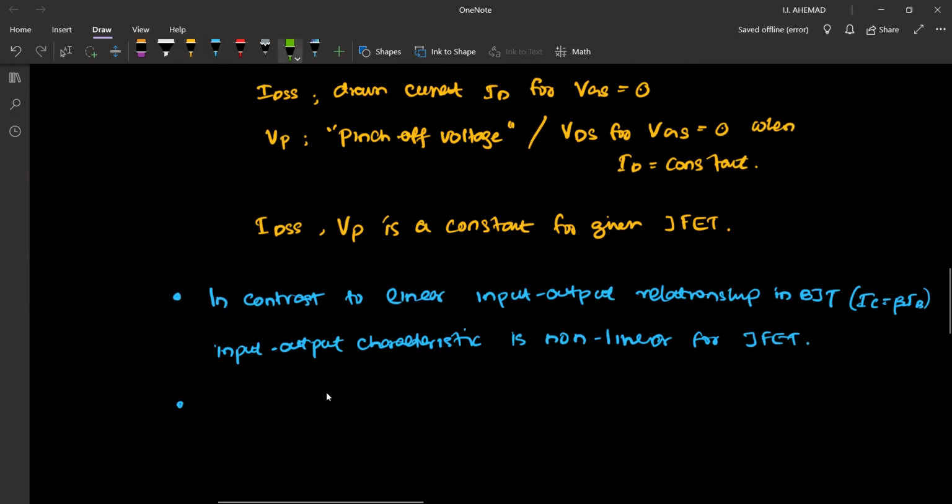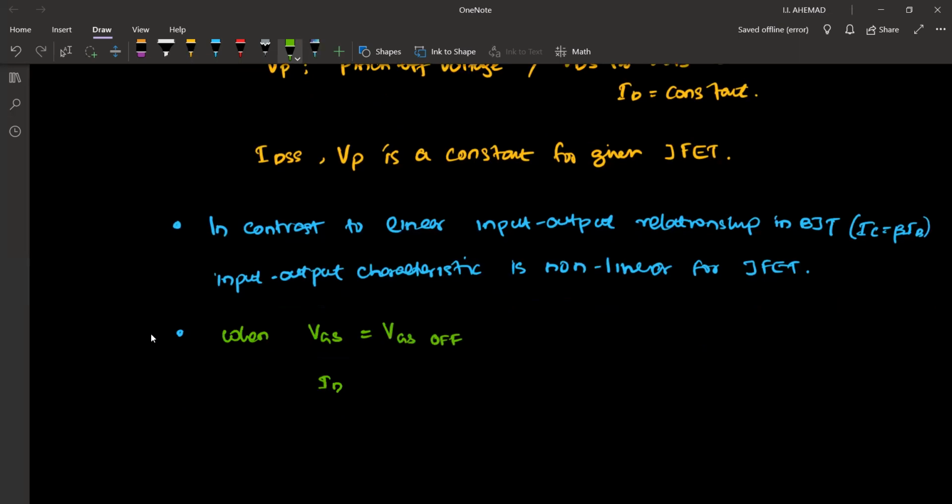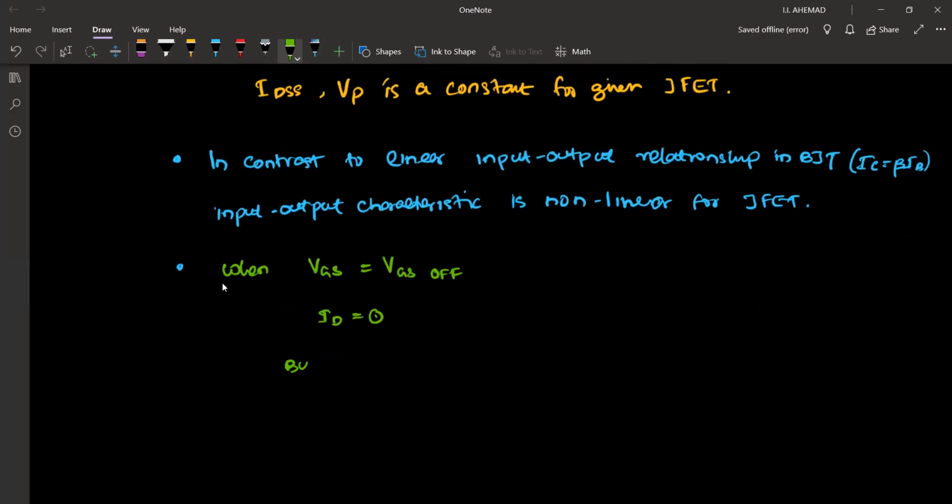Next point. When VGS is equal to VGS off, then we know that current ID is 0, right? ID is equal to IDSS times (1 minus VGS over VP) squared.